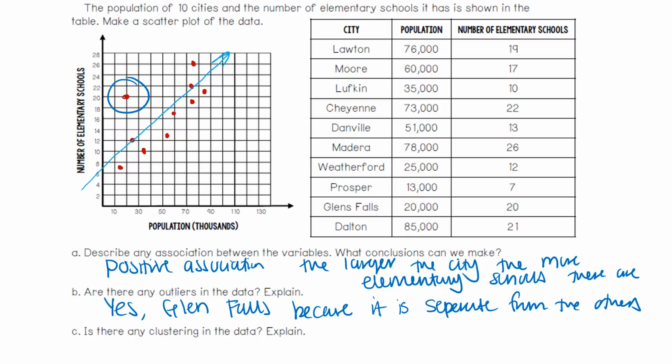And part C, is there any clustering in the data? I would say no clustering, because there are no distinct groups. There are some points that are close together, but no actual groupings.